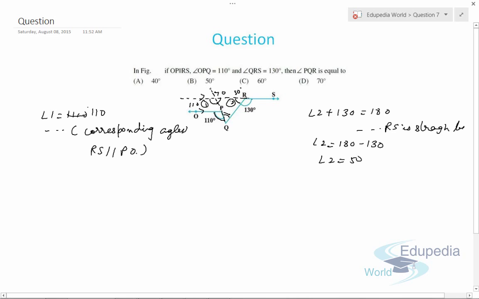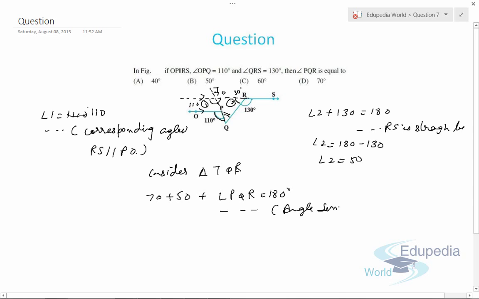Again a straight line. Now if we consider triangle, let this point be T, TQR, then 70 plus 50 plus angle PQR will be equal to 180. Again why?